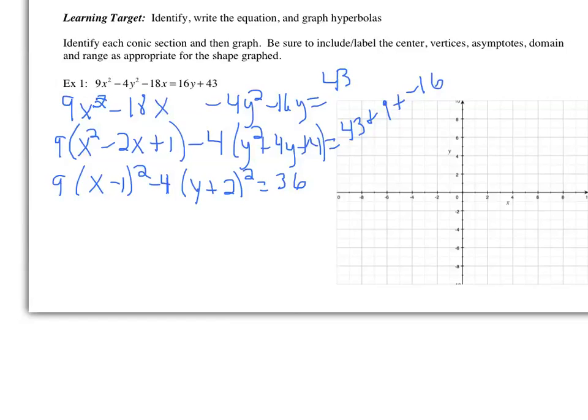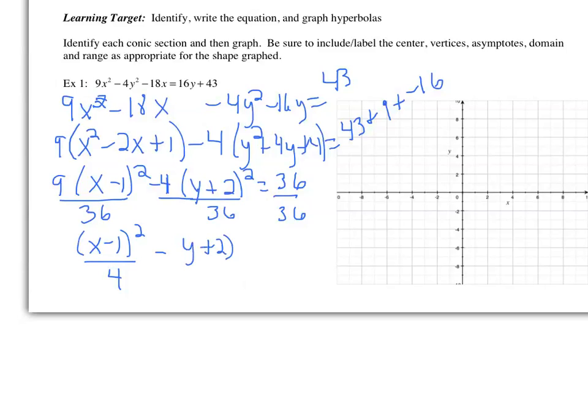Then for standard form, we have to divide by 36 so that we get it equal to 1. So divided by 36, divided by 36, and our equation for our hyperbola becomes x minus 1 squared divided by 4 minus y plus 2 squared divided by 9 equals 1.